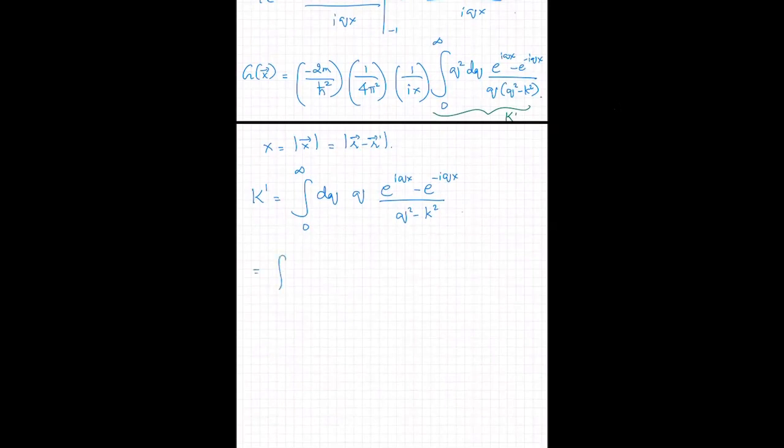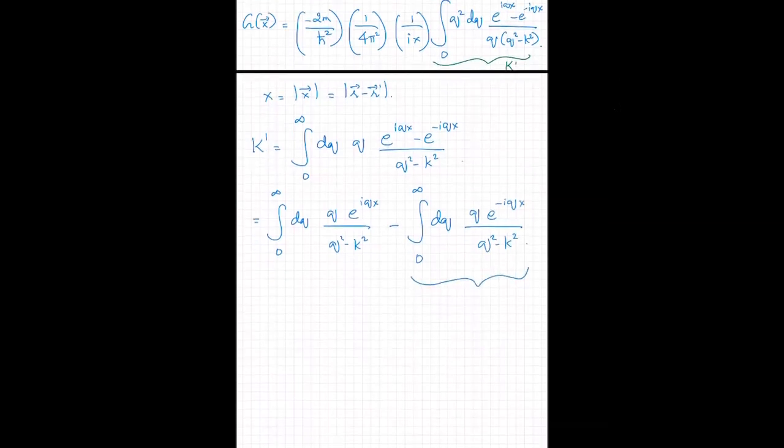So I'll write this as 0 to infinity dq q e to the iqx divided by q square minus k square, and minus 0 to infinity dq q e to the minus iqx over q square minus k square. Okay.